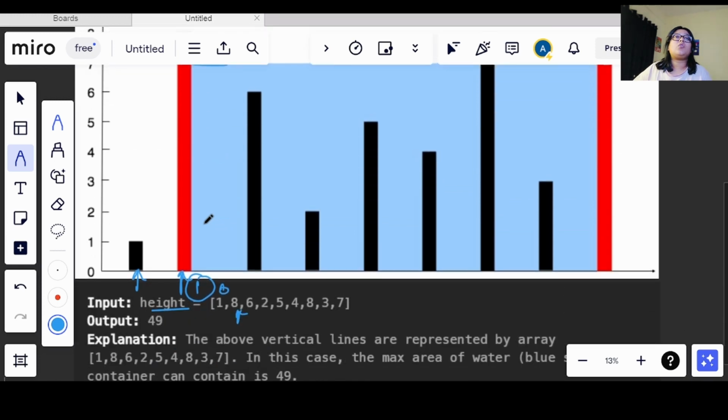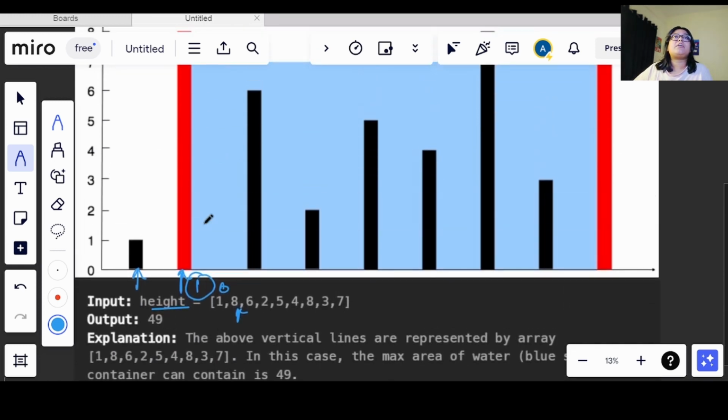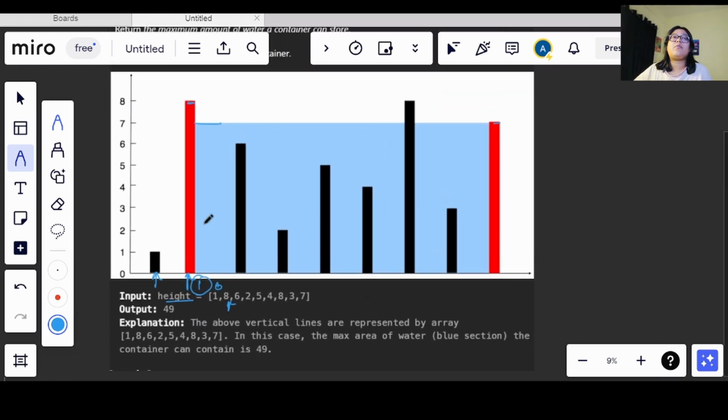Now how to solve this question? First let's see how we work on this. This is the height 8. We have a maximum height 8 here, we have 7 here, and also an 8 here. So we might think, why don't we take these two, since the height is maximum here.